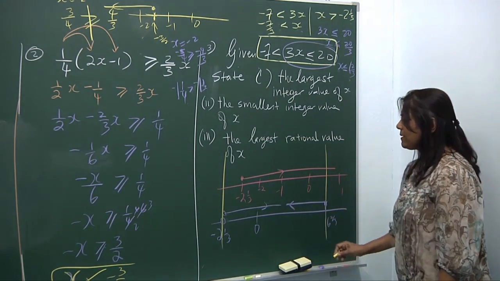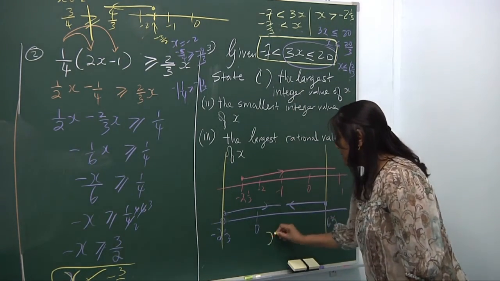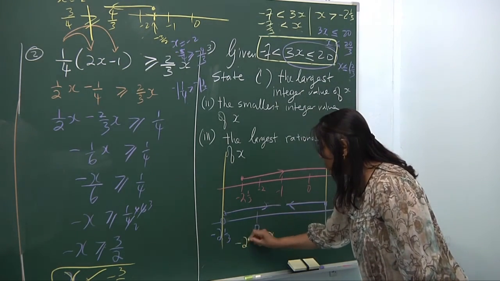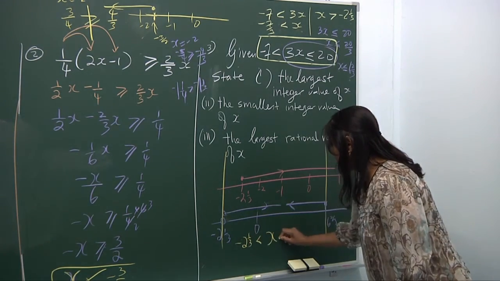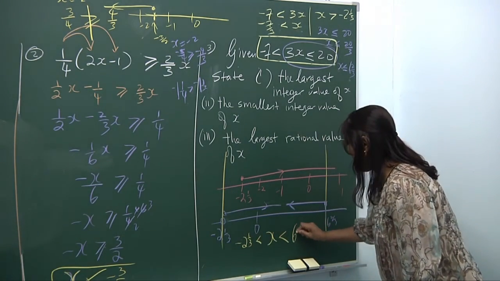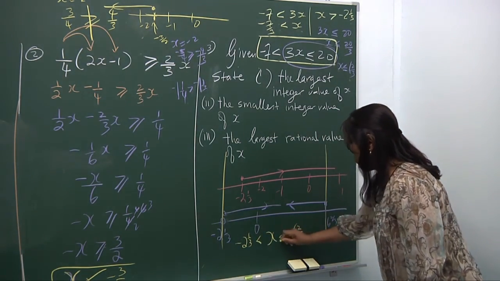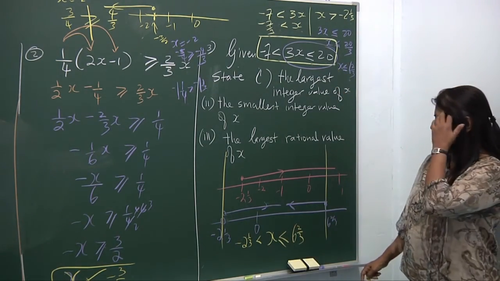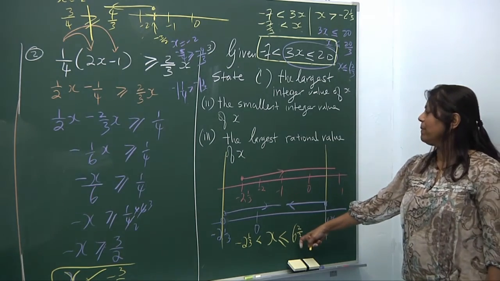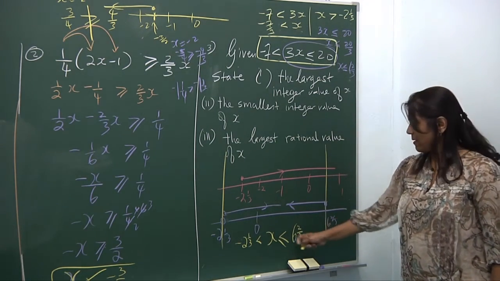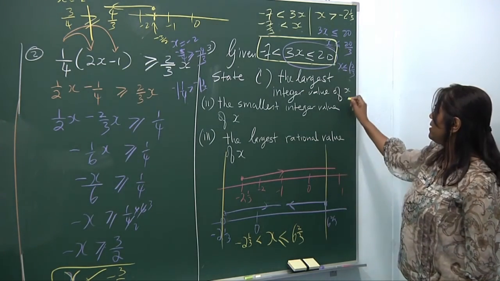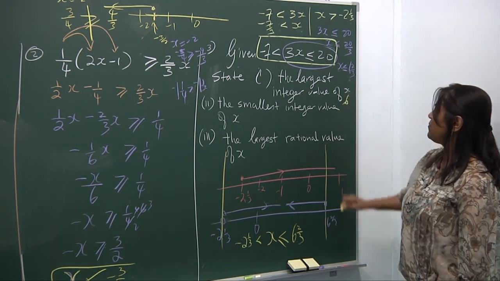So what is the condition then? x satisfies x is bigger than minus 2 and 1/3 and smaller than or equal to 6 and 2/3, because there's an equal. And the largest integer value here will be a 6, because 6 and 2/3 is stepping out of 6 and 2/3, so that's your largest integer value.